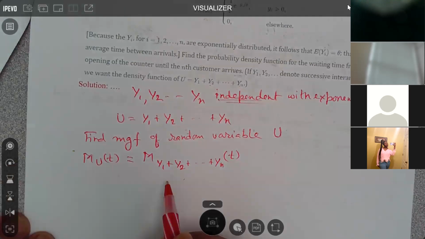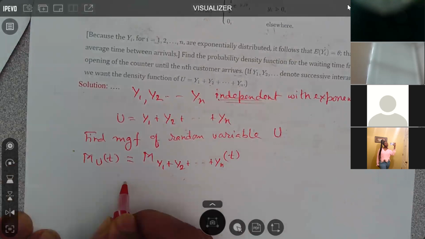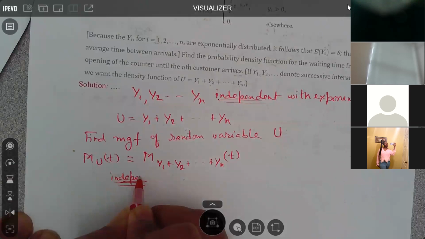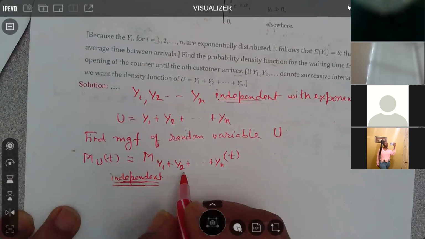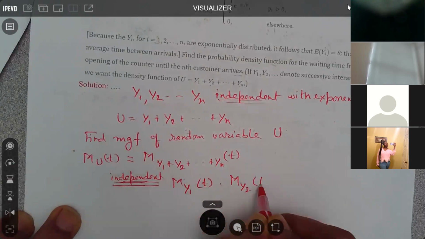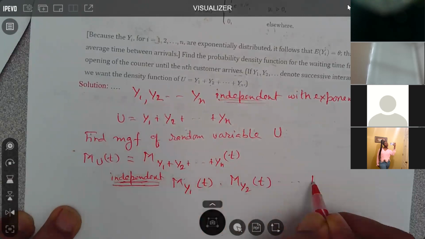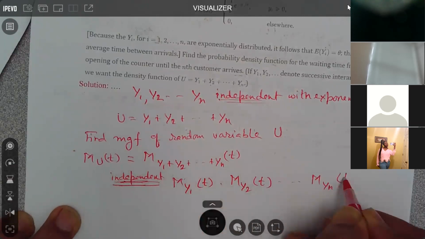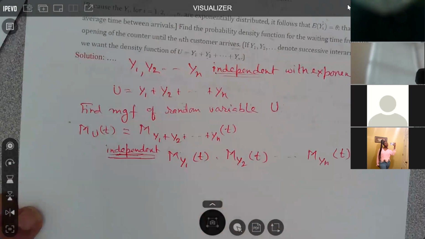Since they are independent, the waiting time of one person has nothing to do with the waiting time of the previous or the coming person. So you can multiply the moment generating functions m_y1(t), m_y2(t), up to m_yn(t).